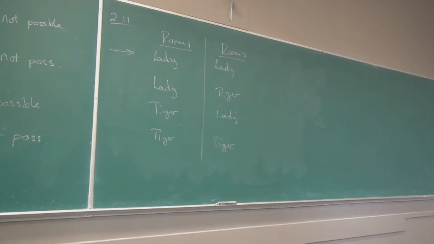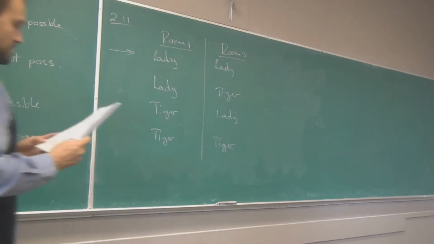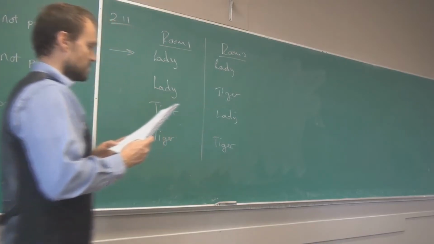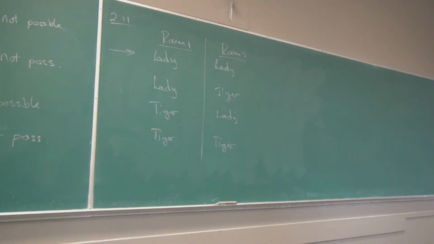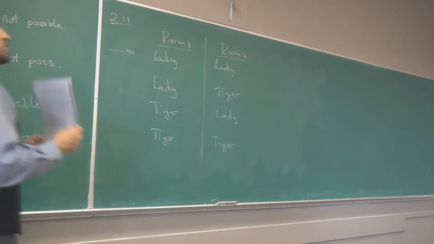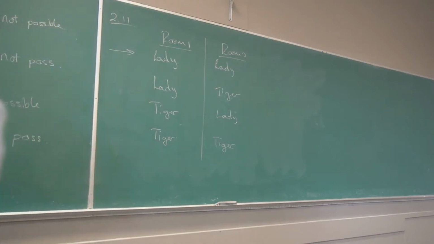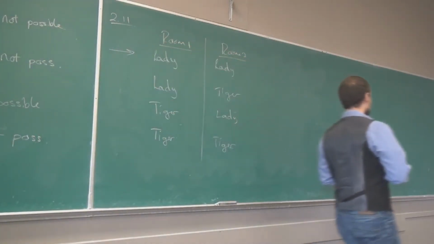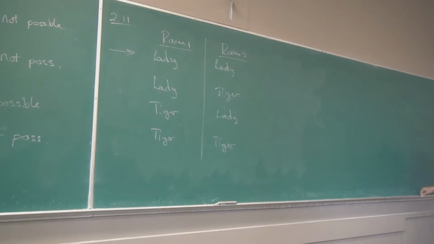Now I look. Door 1 says different things than in 2.10. A tiger is in this room, or a lady is in the other room. We haven't seen an "or" before. So let's just pause and look at that before we go too far into this exercise.